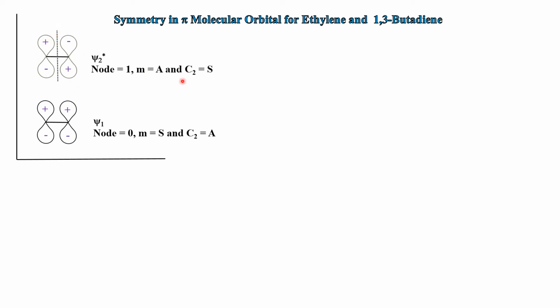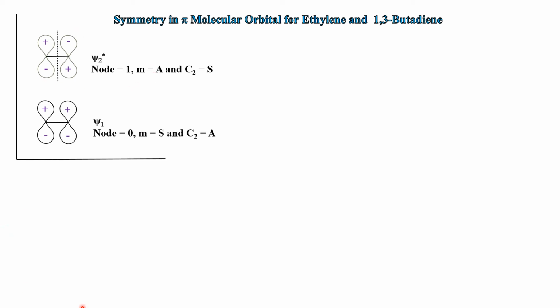So we say C2 symmetry is symmetric, represented by S, and M represented by A. So this is the type of symmetry in the molecular orbitals of ethylene shown by this figure. At energy level Ψ1, it is M symmetric. At energy level Ψ2, it is asymmetric.